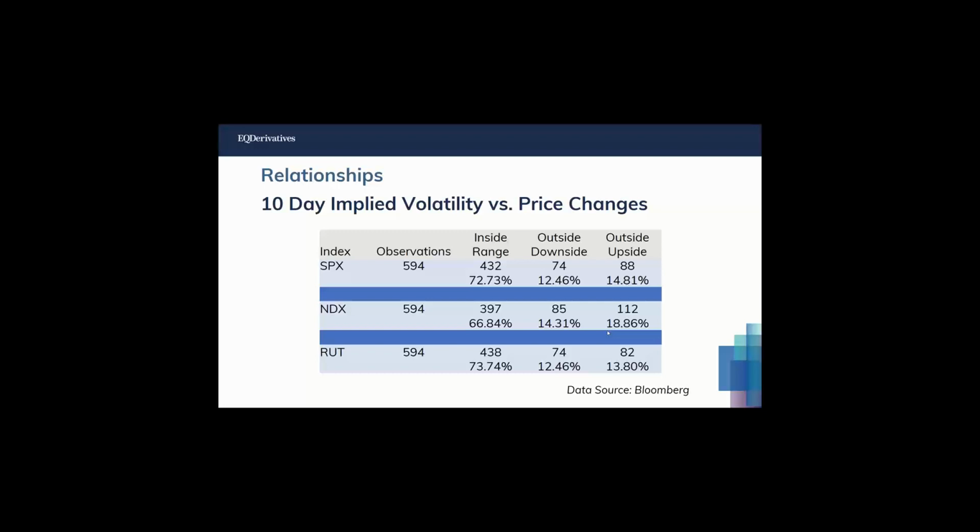And what I did was I took that idea and I looked at buying a 1 standard deviation strangle using 3-month NDX options, and selling weekly Friday 1 standard deviation options against it.